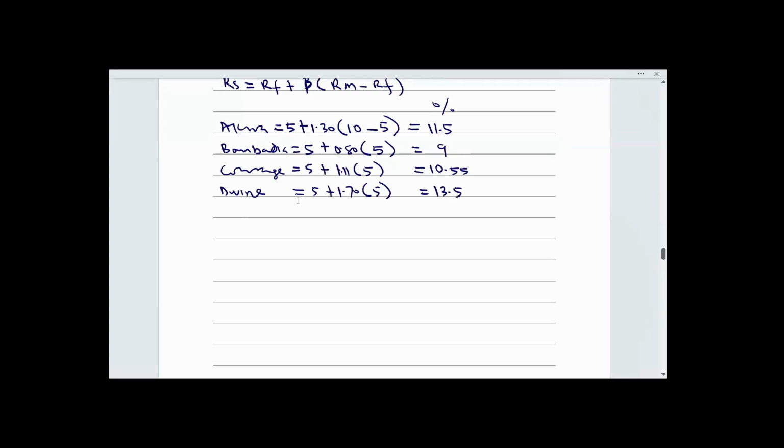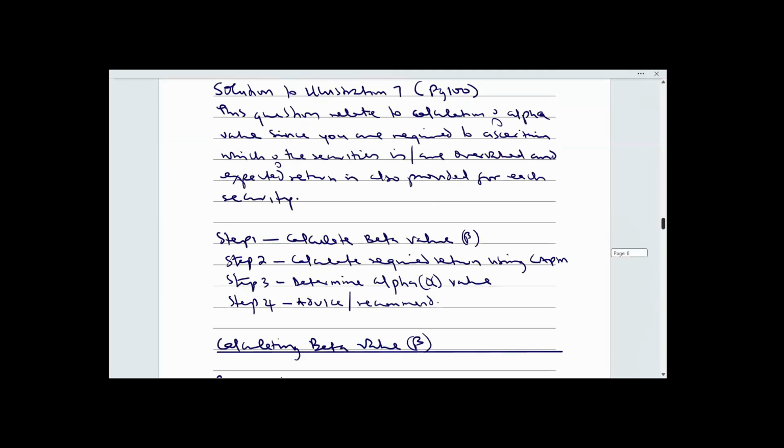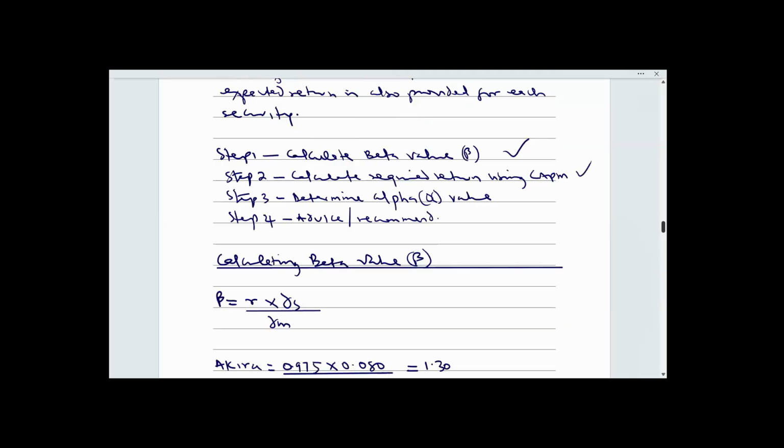Now that we have calculated the required return of individual securities, the next thing we need to do is calculate the alpha value. Let's go back. We have calculated this. Let's determine the alpha value.